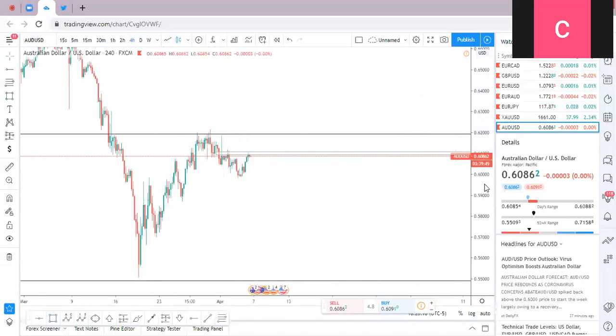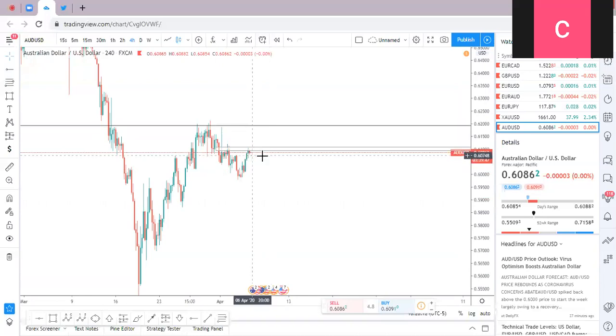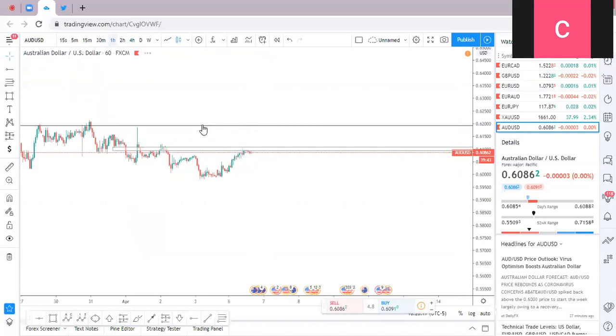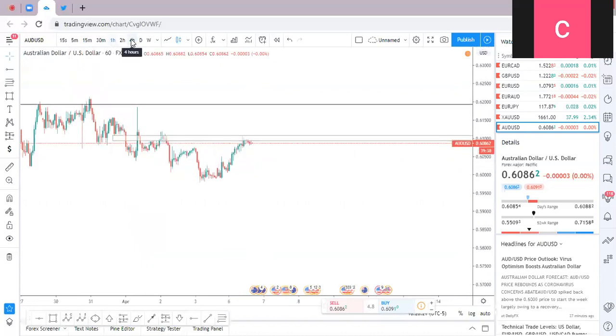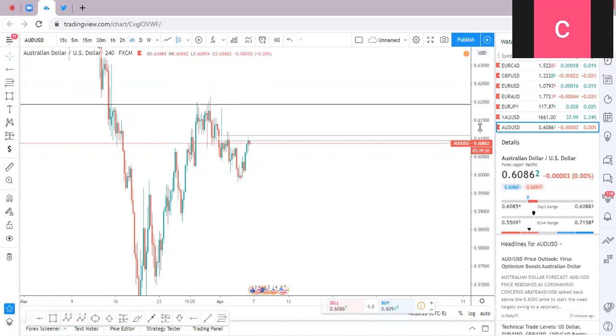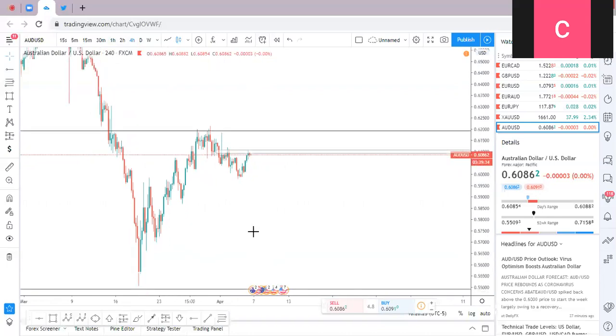You can see price is rejecting there already. So look for a candlestick formation, a candlestick pattern, then we enter for a sell around there. In terms of our take profit areas, we'll make this next low our take profit 1, take profit 2, take profit 3.